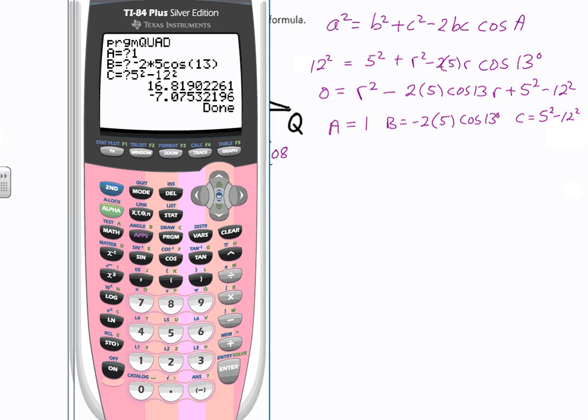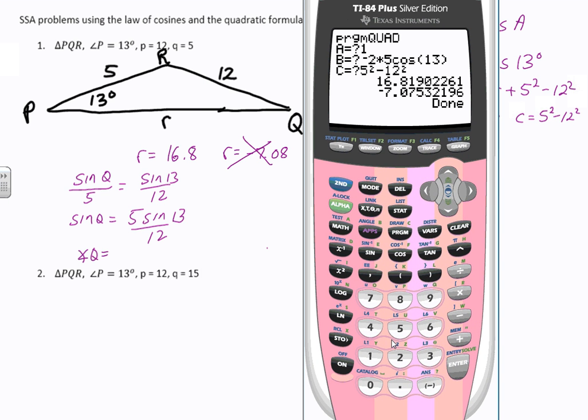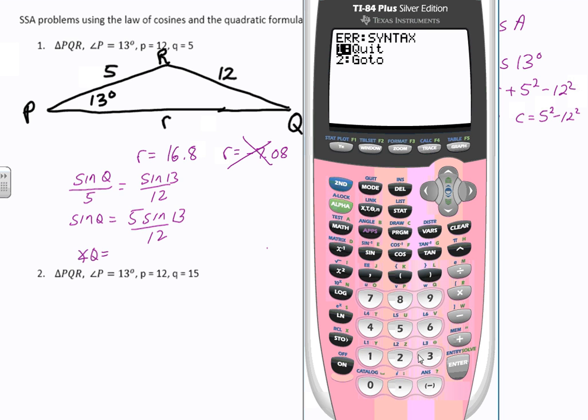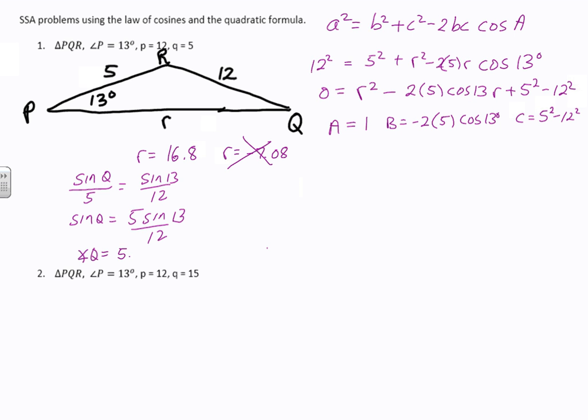So I do 5 sine 13 divided by 12. Take the inverse sine of that, second answer, and I get 5.4 degrees. So this is 5.4 degrees.